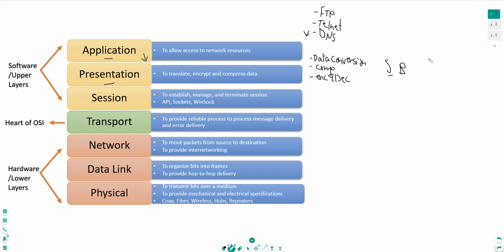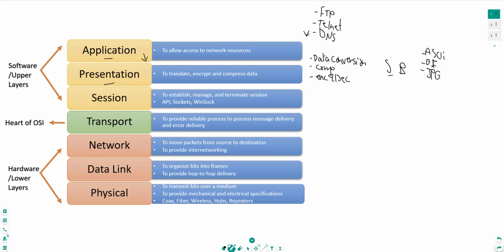One of the generic standard formats is ASCII, a standard format that computer systems use. Another one, for multimedia, is GIF, for example, or JPG, which is a picture format. So these are examples of formats.